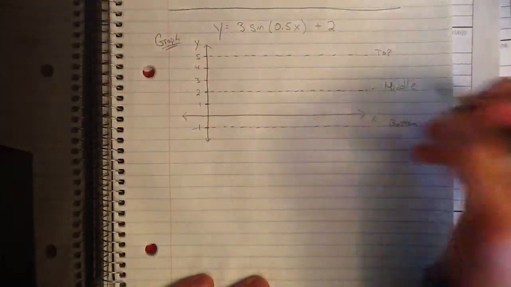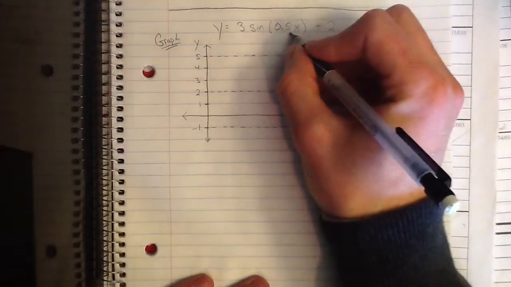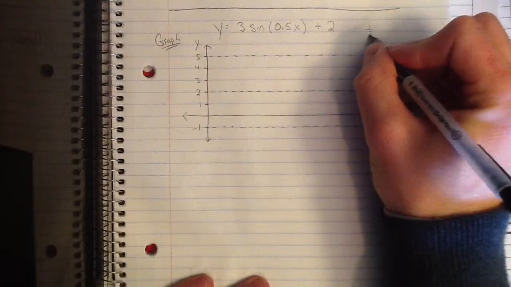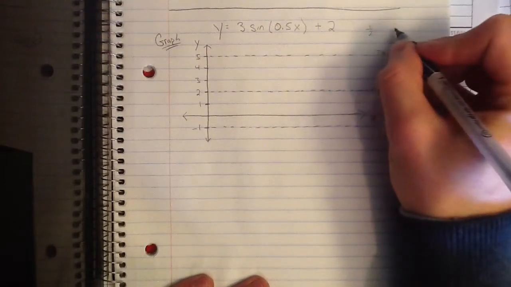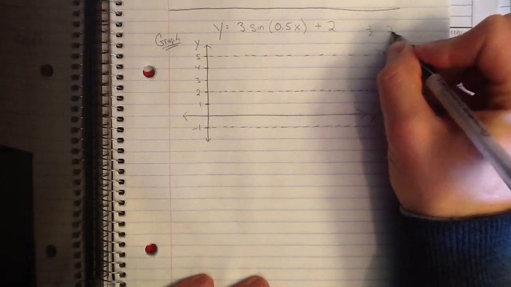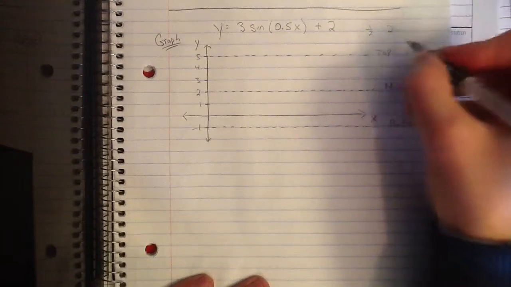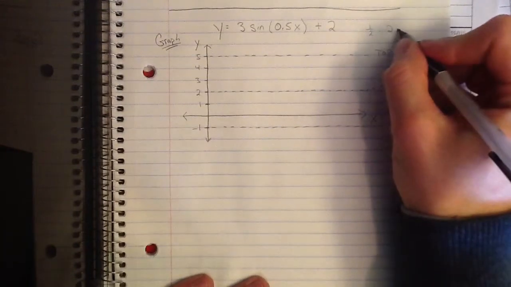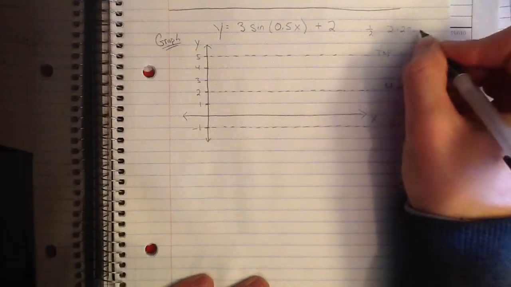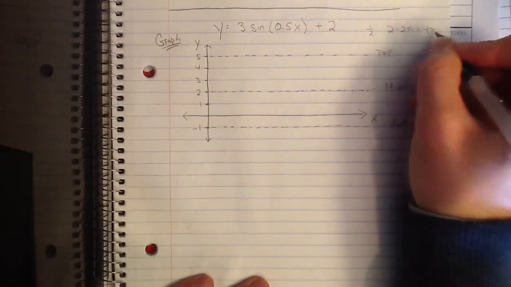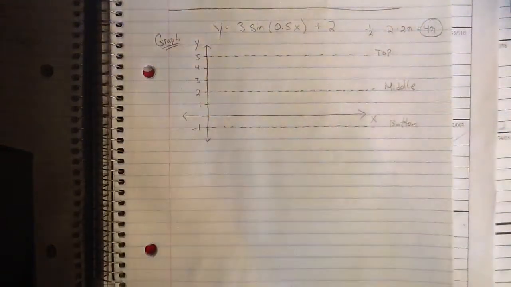The way you could think about that is, if you thought of 0.5 as a fraction, like 1/2, it's actually the exact opposite of that. It's actually 2, or 2 over 1, and it's twice as long as the normal period. So 2 times 2 pi, that's going to be 4 pi. So that's how long my period is going to take.